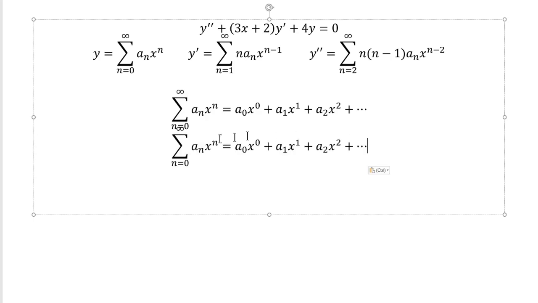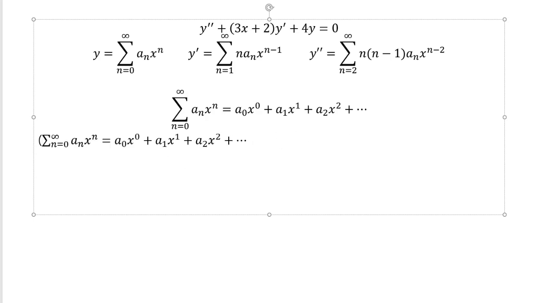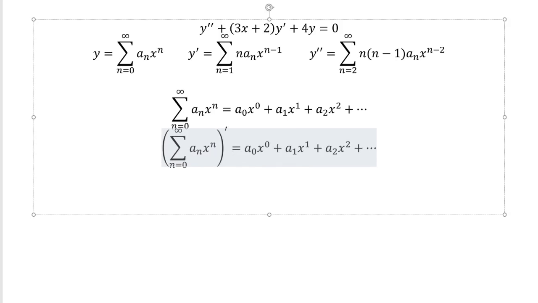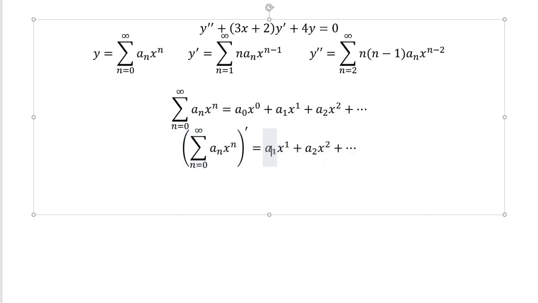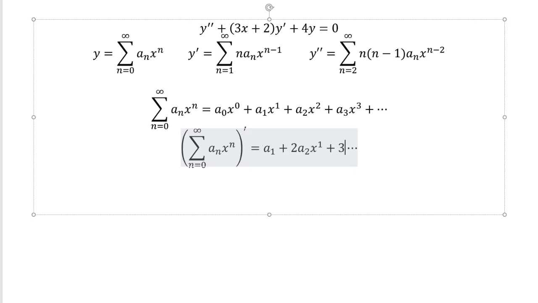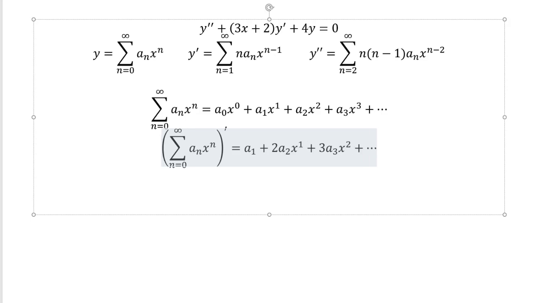If you differentiate the left side, this is a constant term, so it's going to go away, and x to the first power will just become 1, and then 2 will come down and you're going to get 2a2x, and then the next one here would be a3x cubed, right? So if that one's differentiated, you're going to get 3a3x squared, and so on, right?